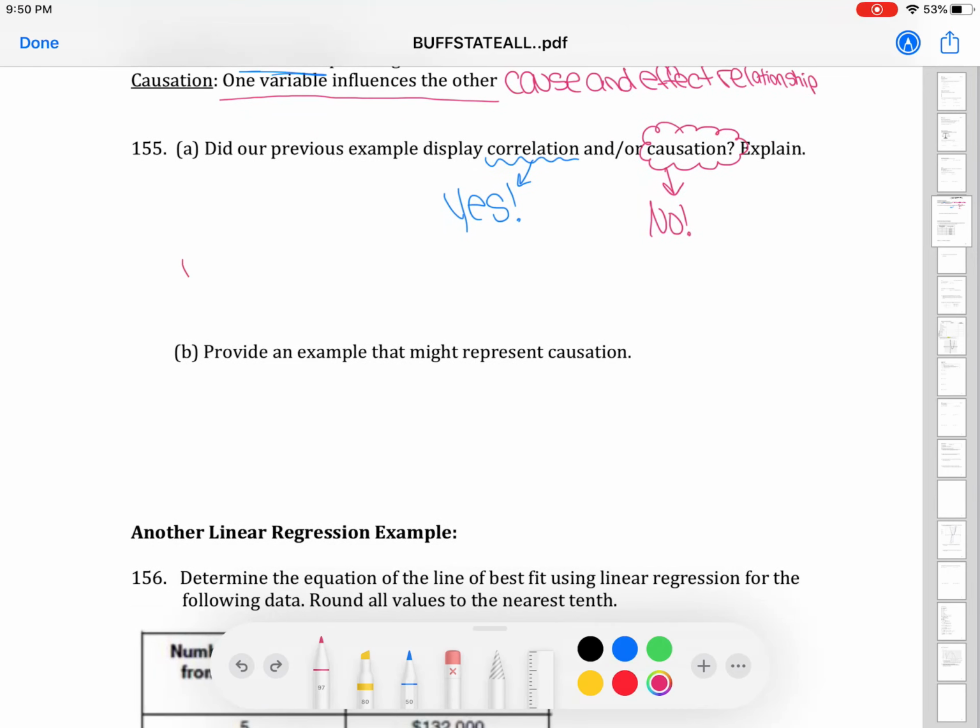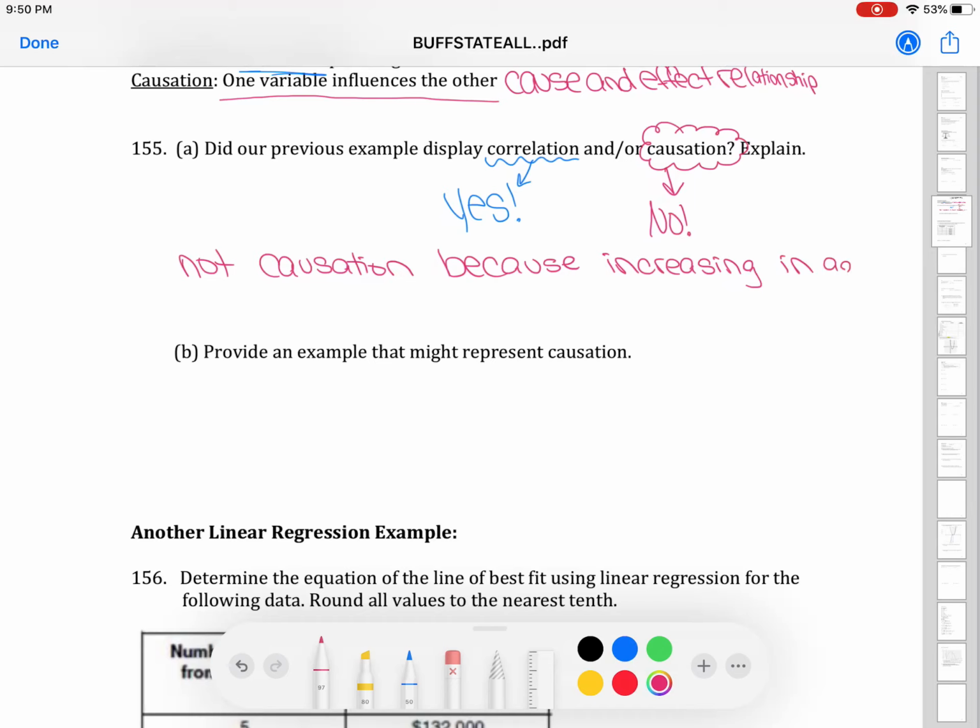So your explanation for the specific example would be that causation is a no. It is not causation. That word looks so weird.